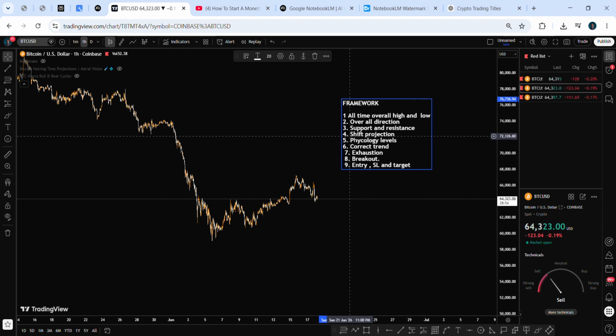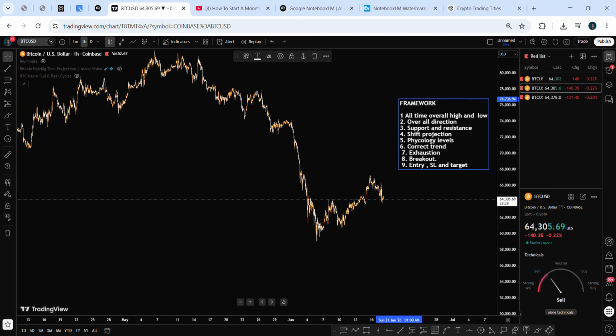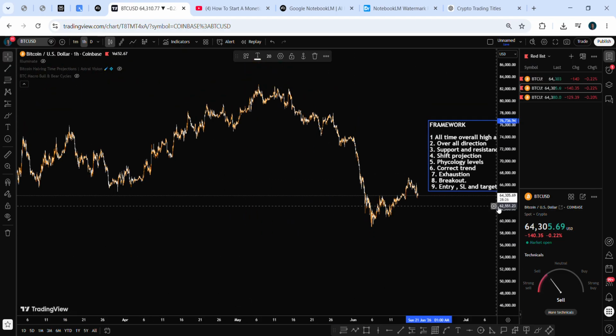Number four, I have shift projection. I call it time traveler. Number five, I have psychology level. Number six, I have current trend. Number seven, I have exhaustion. Number eight, I have breakouts. Then nine, I have entry, SL, and target. So this is my process. This is how I look at it.